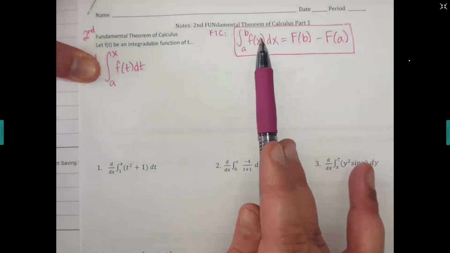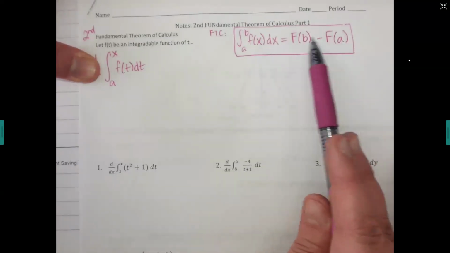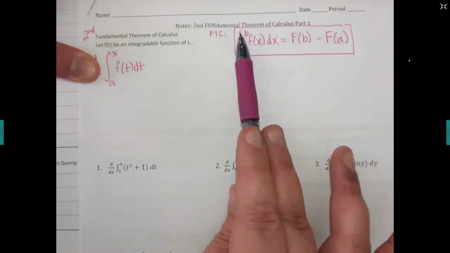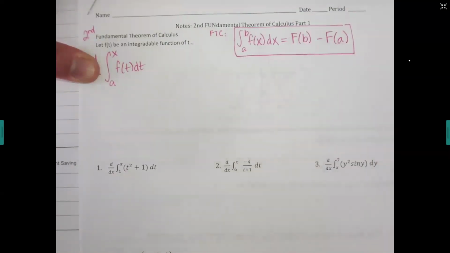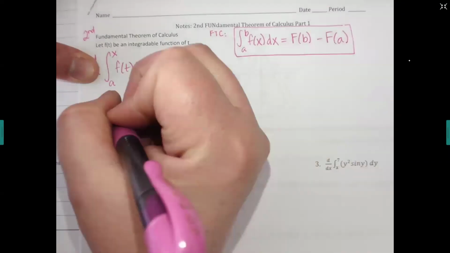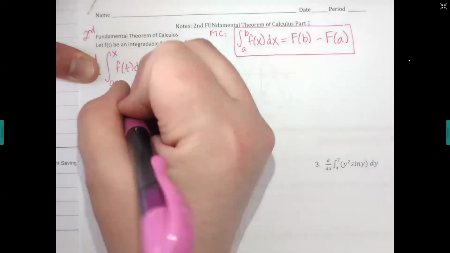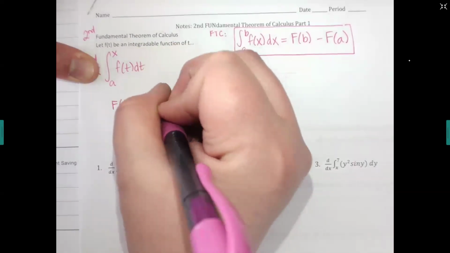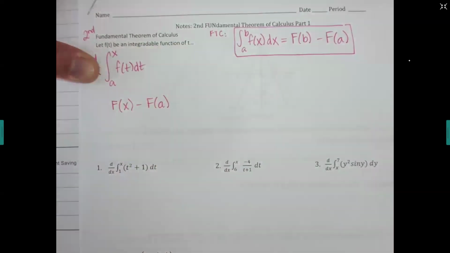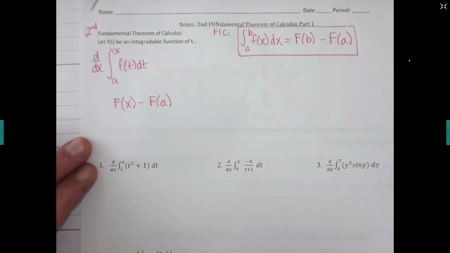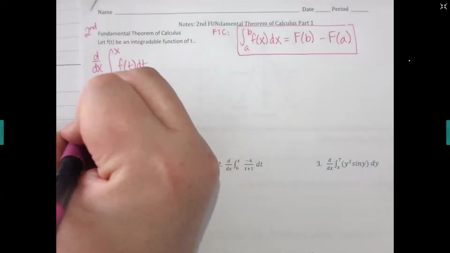What happens to my little f? It turns into big F's, and then I do the top plugged in minus the bottom plugged in. So what would that say here? Capital F of x minus capital F of a. And then remember, in the front, we're taking the derivative of that.